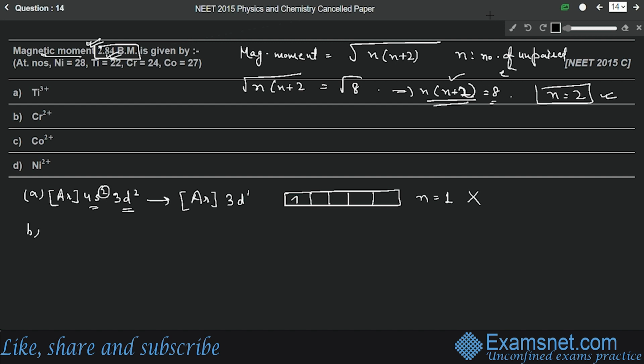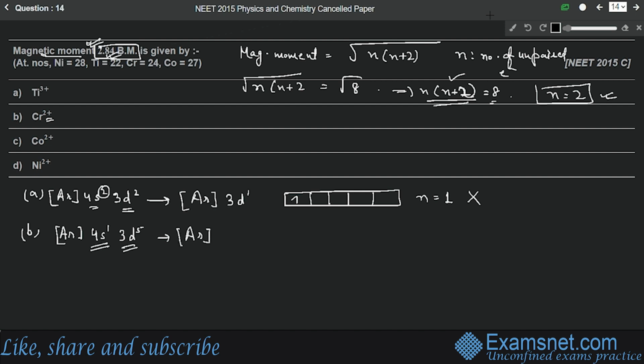Then the second one, chromium 2 plus. What is the electronic configuration of neutral chromium? It is argon, 4s1, 3d5. Now it is 2 plus, that means 2 electrons have been removed. So 1 will be removed from the 4s and 1 from the 3d. So what will be left?